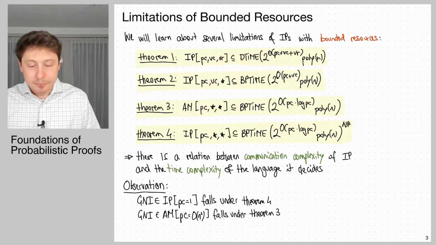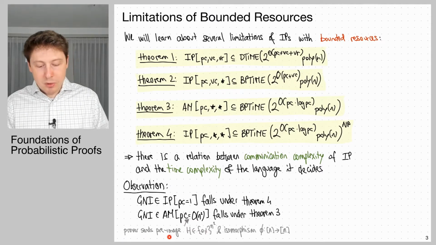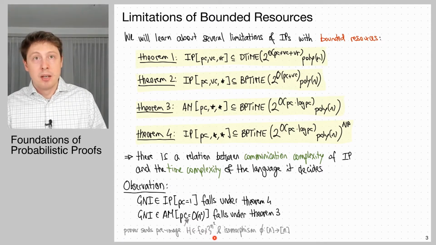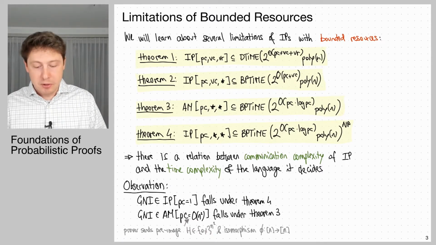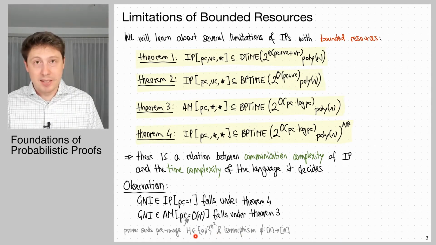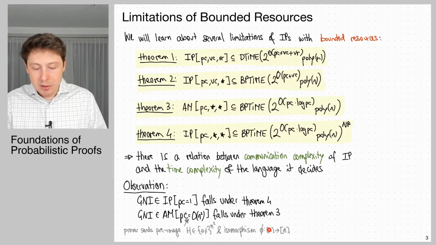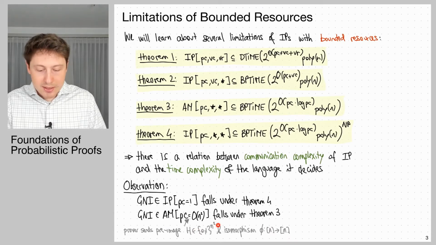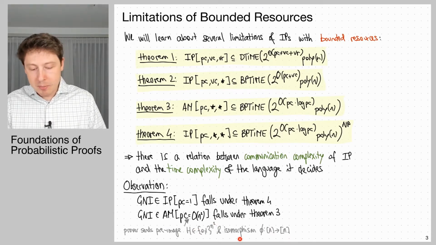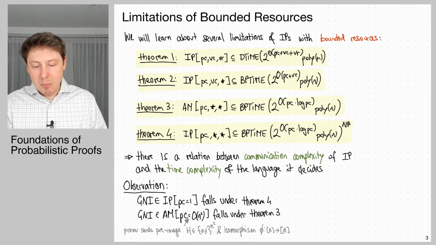If you remember, the prover was sending a pre-image that was a graph, so that's n squared bits, and also an isomorphism to certify that H was in that magical set S. So overall, it is sending a number of bits that is linear in the input. The input is of size n squared. It is a linear number of bits, so when you apply Theorem 3, you get no contradiction.